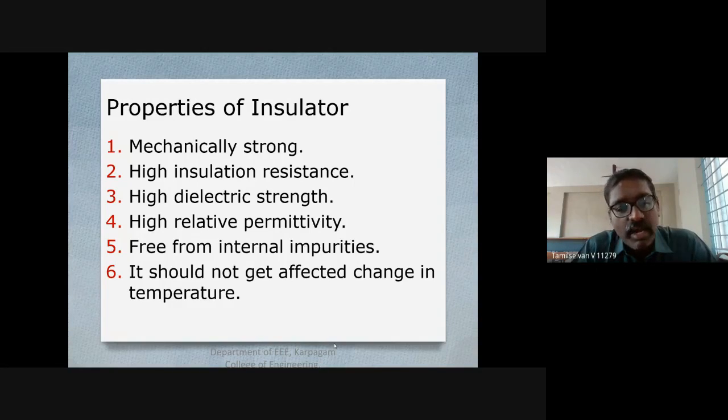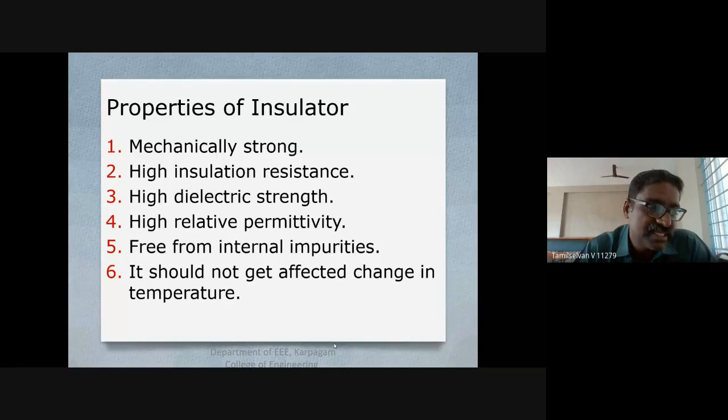Next, it should be free from pores, impurities and cracks. The insulating material should be non-porous and free from impurities. If it is porous, it becomes a conductor at higher voltage.